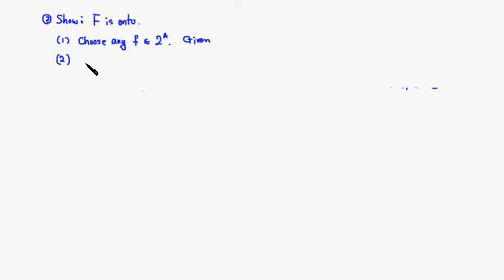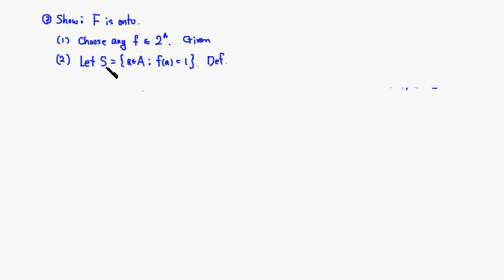So I'm going to define this set, let S be a collection of elements a in A such that f of a is equal to 1. This is just a definition.